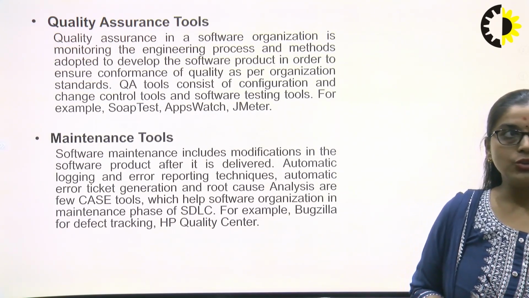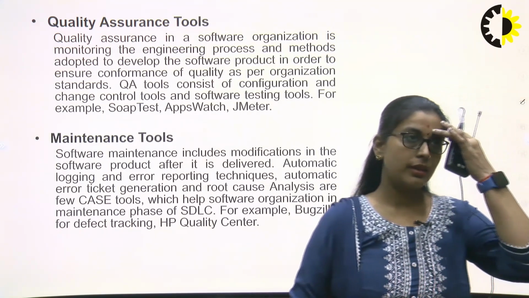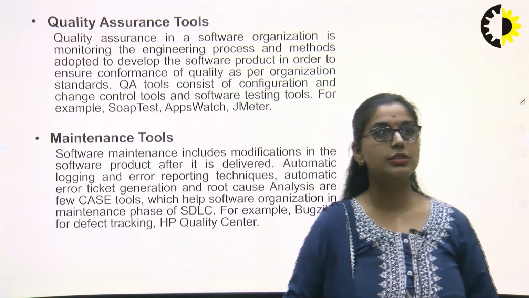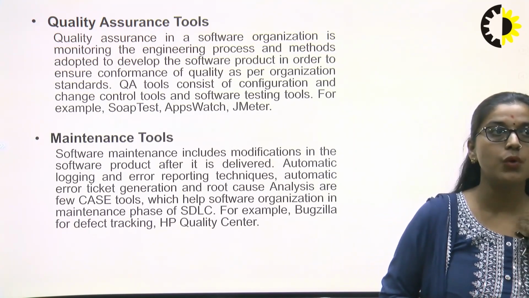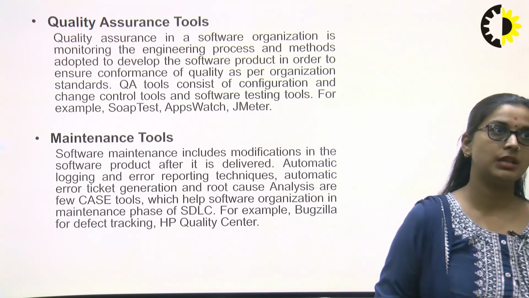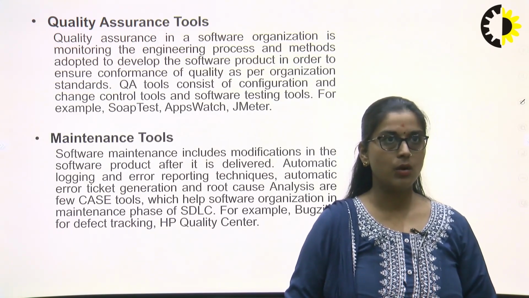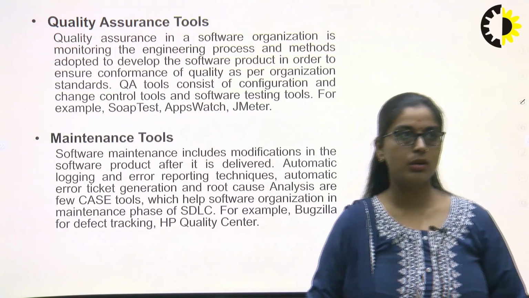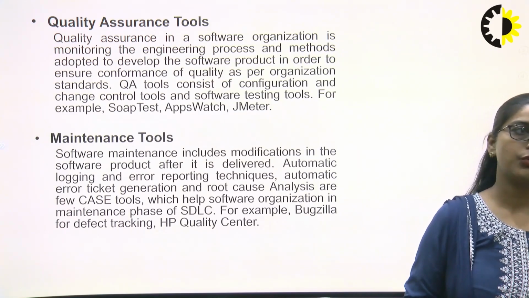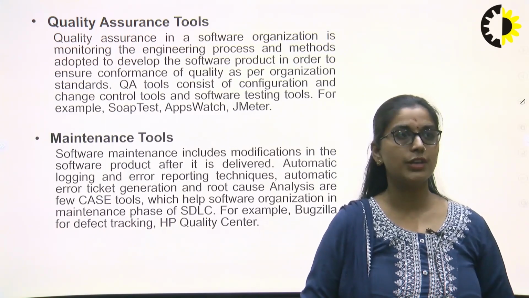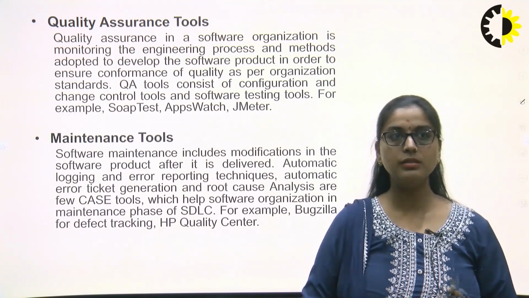The quality assurance tools are there like SOAPtest, AppWatch, Jest. Basically it is the engineering process and method adopted to develop the software product in order to ensure the conformance of any software quality. Maintenance tools: software maintenance includes the modification of the software product after it is delivered.